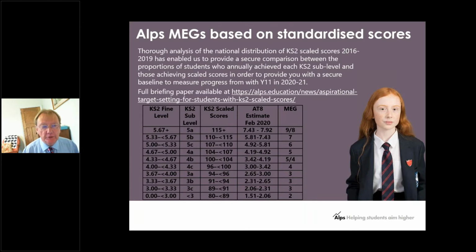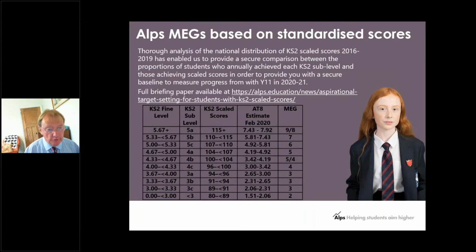Our very skilled data team have crunched all the 4 years of scaled score results and lined them up against the percentages of the cohort that used to achieve, for example, 5A, 5B, 5C, etc., using the old levels and sub-levels system. And as you can see, the table is giving you exactly where we think, based on 4 years of data, the scaled scores line up against the sub-levels.